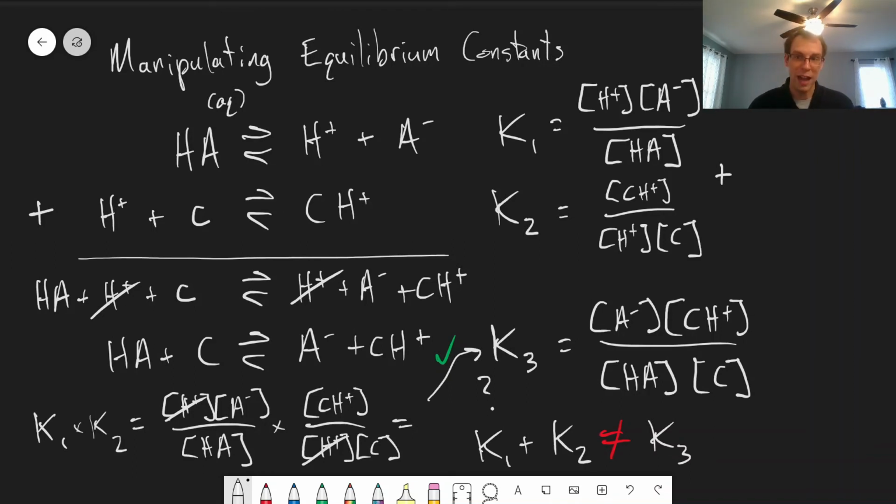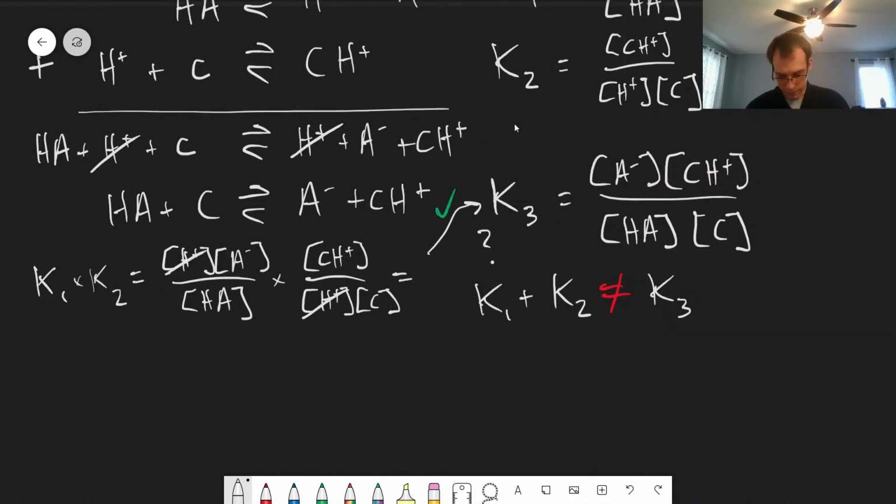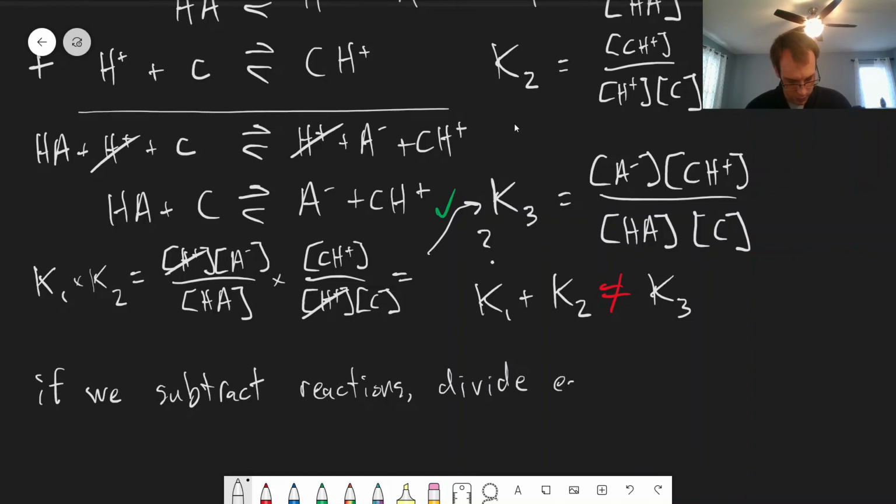Similarly, if we subtract reactions, we divide the equilibrium constants. These are some basic manipulations that allow us to find values for equilibrium constants even if we don't have measurements. If we have measurements for different reactions and can reconstruct our reaction, we can still find the equilibrium constant.